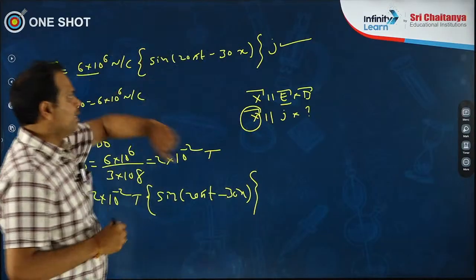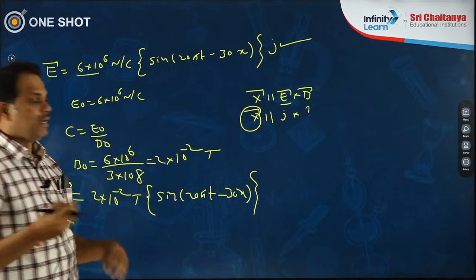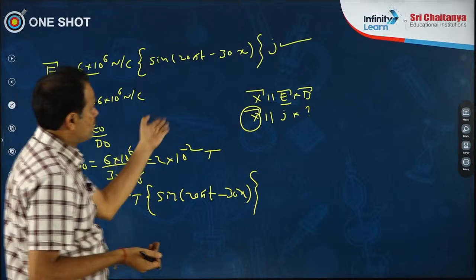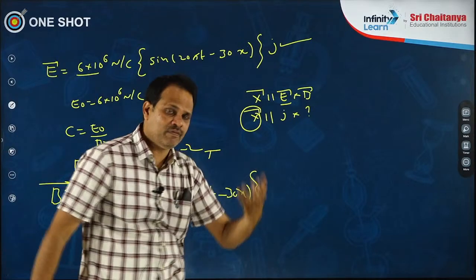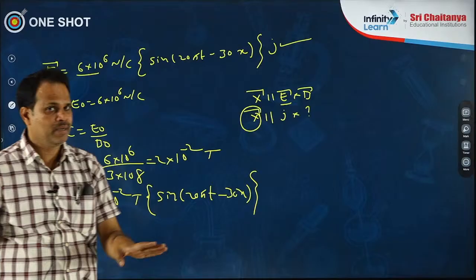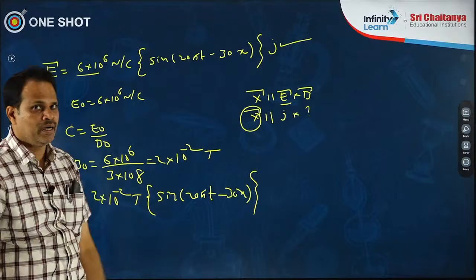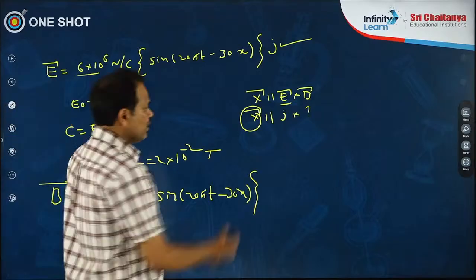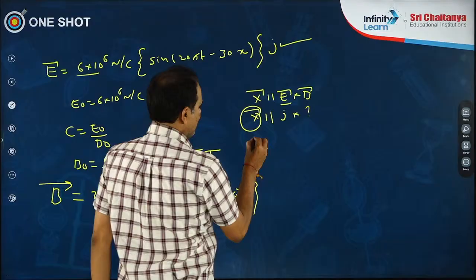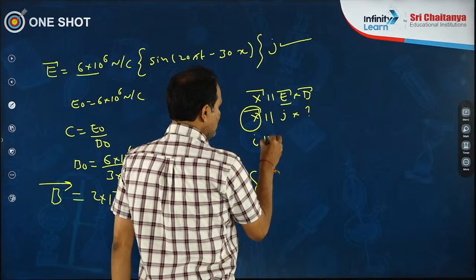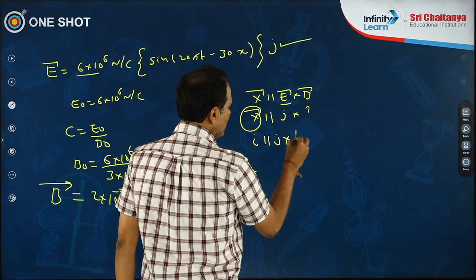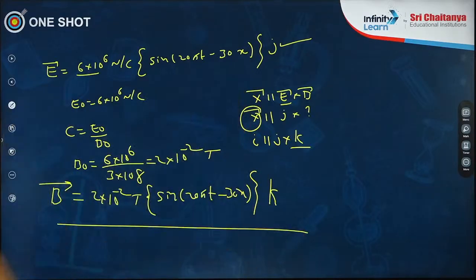Between omega t and kx, there is a negative sign, so the wave is traveling along the positive x direction. Whether kx comes first or omega t first doesn't make any difference, but between omega t and kx you want to check the sign. So i is parallel to J cross k, and you can indicate this as the expression.